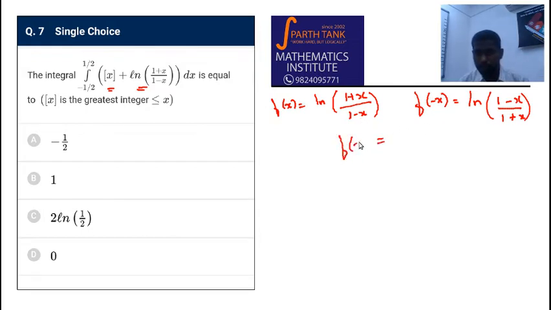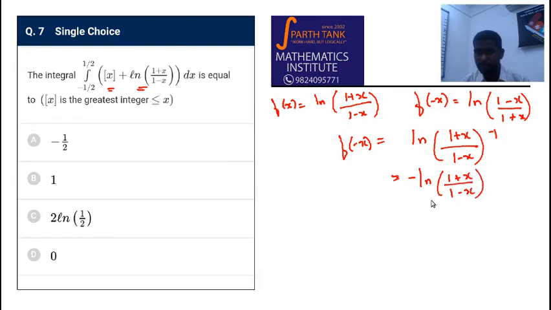Now f of minus x, if I continue to simplify this, I can write this as 1 plus x by 1 minus x to the power minus 1, the reciprocal of this. And because of logarithm, that can be brought forward. And if you see, this is nothing but minus f of x. So you have f of minus x is equal to minus of f of x. So odd function. Therefore this term, the integral is going to be 0.